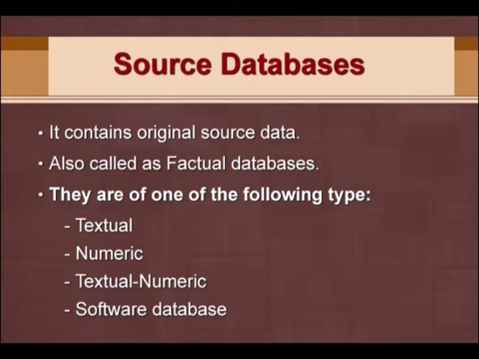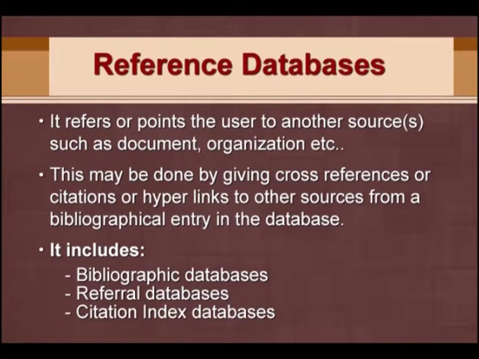Then come the reference databases. These reference databases are nothing but databases where the data contained points to some other source database. So, in this particular database we are not at all storing the original data or the source data, however we are storing the pointers.